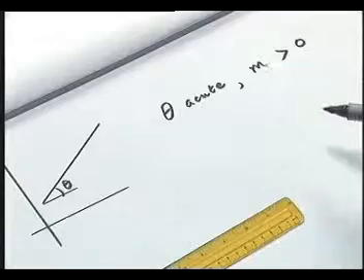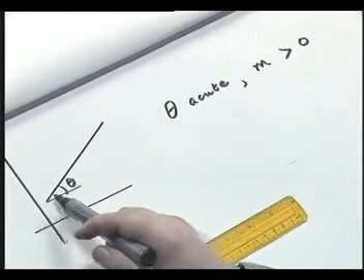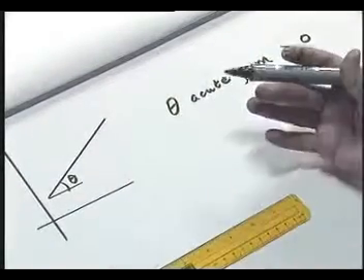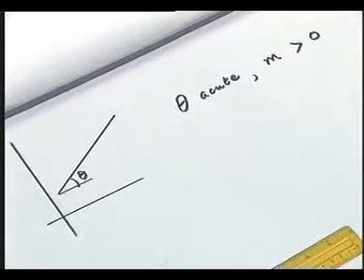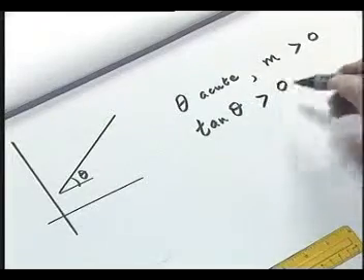And the reason for that is that as you move along the line, as x increases, y also increases. So the change in y and the change in x have the same sign. It's also important to recognise that if we take the tangent of an acute angle, you get a positive number. So tan theta, which we know is the same as m, is also positive.